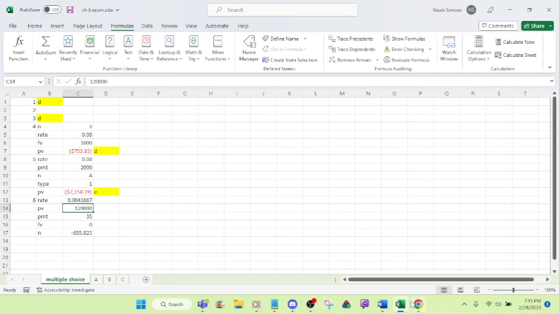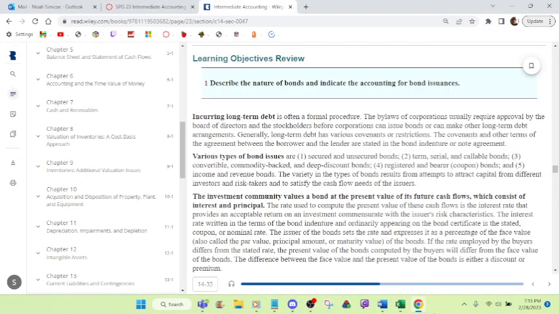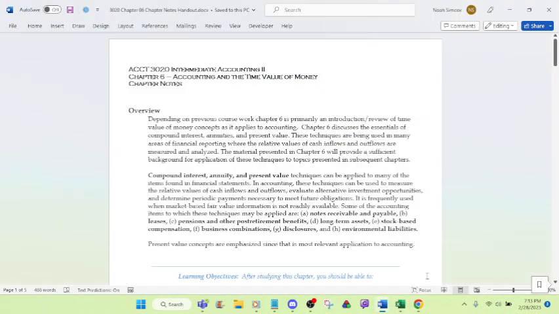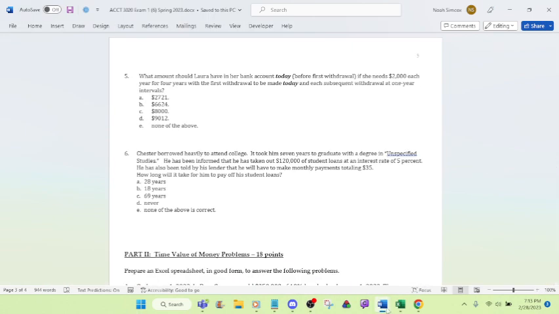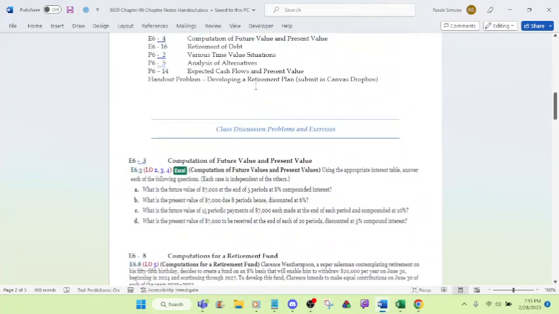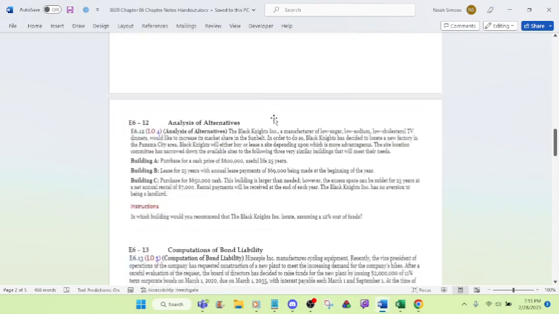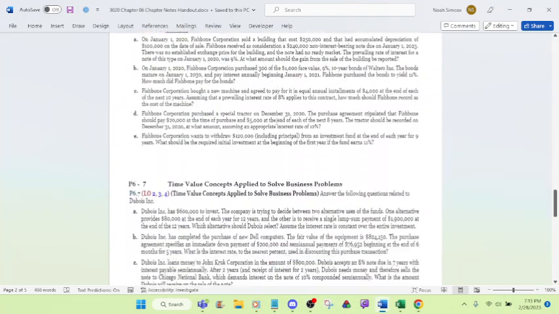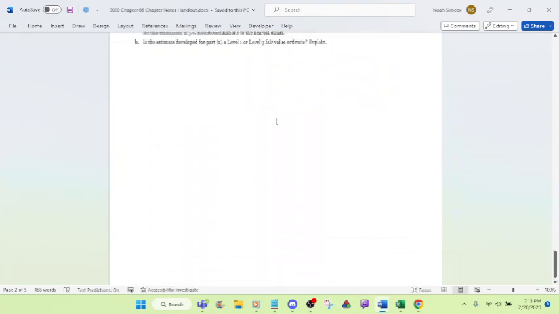Dude, where's a problem with long-term debt? I mean, paying off student loans. Where's the problem with that? I mean, exercise 6.16? Because... What?